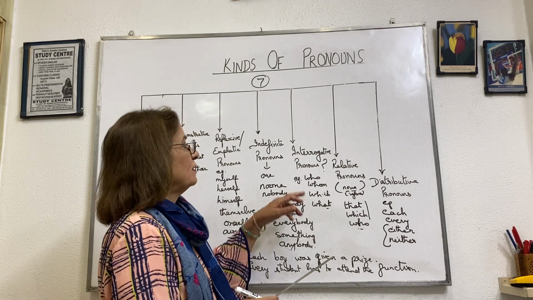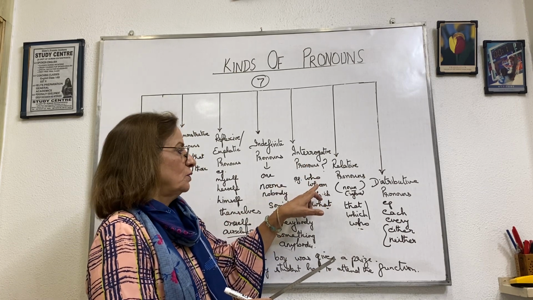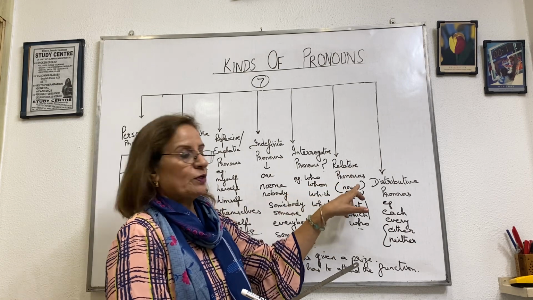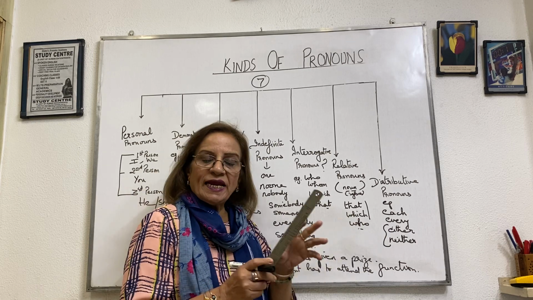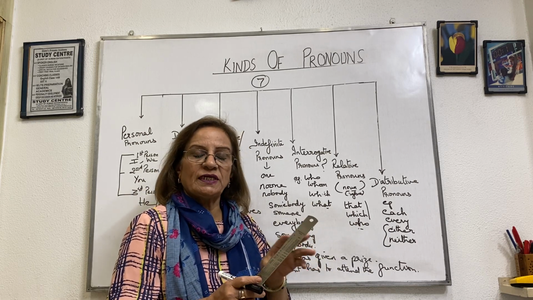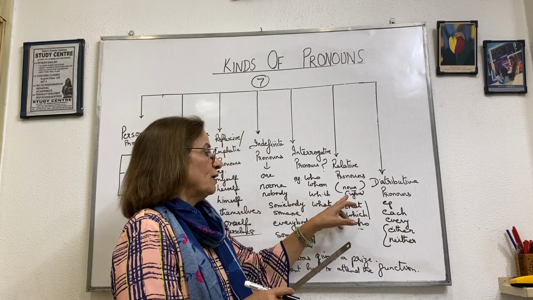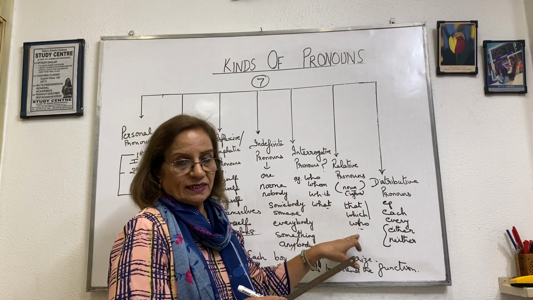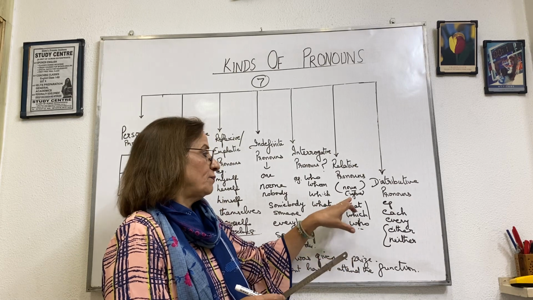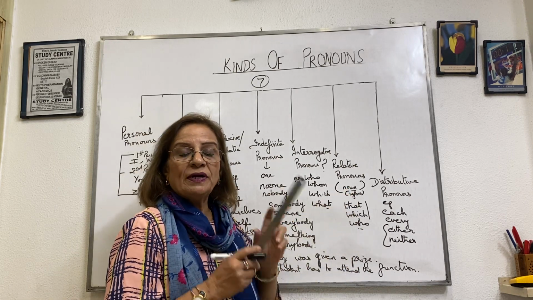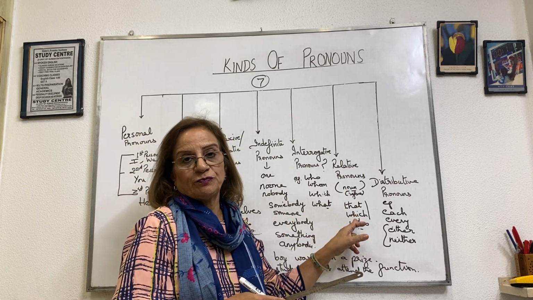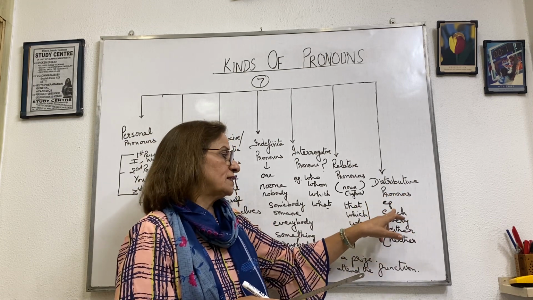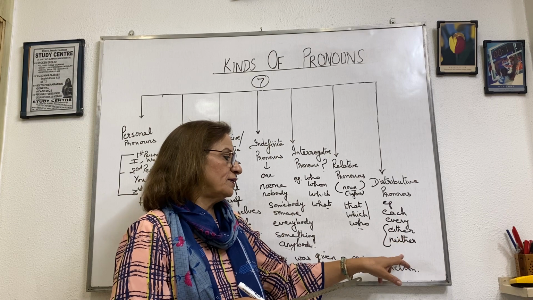Then comes interrogative pronouns: who, whom, which, what. Then relative pronouns, which connect parts of the sentence or clauses. But the clue is that when you connect the sentences, there should be a noun before the relative pronoun. And last is the distributive pronouns. Example, each, every, either, neither.